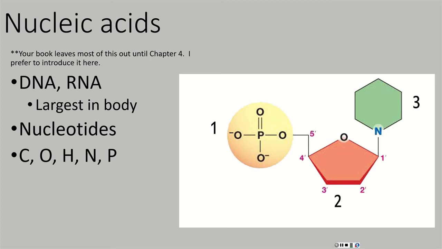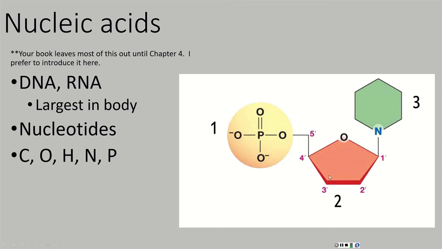And what we see over here is a nucleotide. This is just a generic nucleotide. Now, if we look at DNA, DNA is always going to be made of carbon, oxygen, hydrogen, nitrogen, and phosphorus. So that's all that we will ever see in our nucleotides.